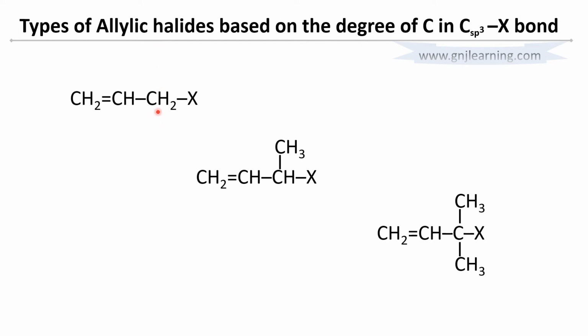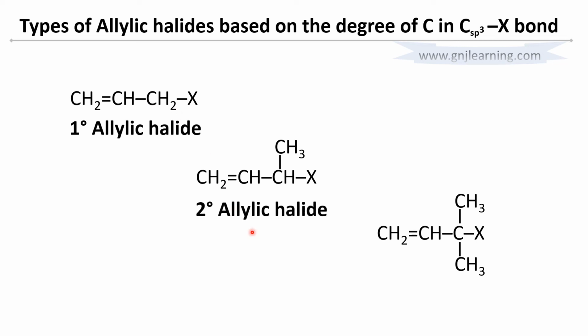Now if you are trying to compare the three compounds, you will see that this has only one CC bond, whereas this carbon here has two CC bonds, which means this is secondary, and this carbon here has three CC bonds, which means this is tertiary. So in the first case, we call it a primary allylic halide because X is attached to a primary allylic carbon.